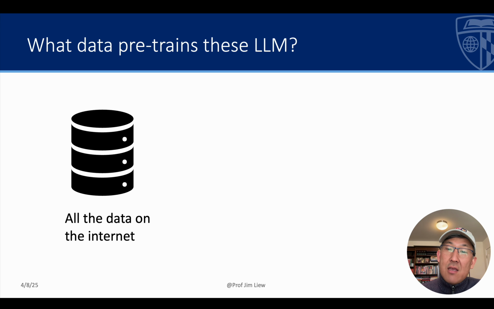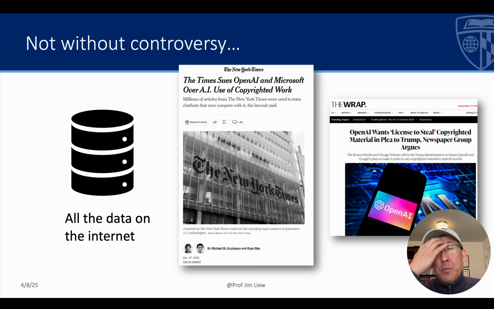But taking all the data on the internet and books and so forth isn't without its controversies. So here's an example. At this particular time, the Times sues OpenAI and Microsoft over AI use of copyrighted work, right?